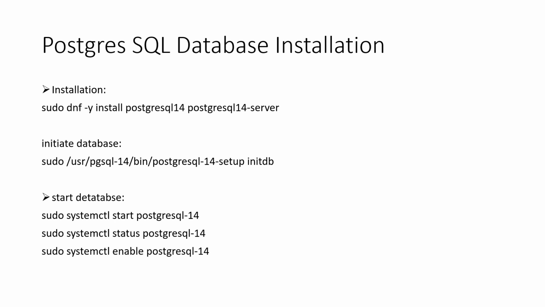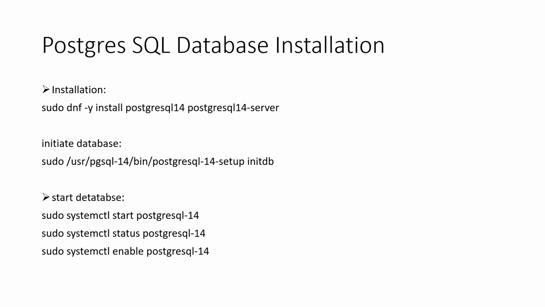Once these two packages are installed on your system, you need to initialize the database using this command, /usr/pgsql-14/bin/postgresql-14-setup initdb. Once the database is initialized, you need to start and then enable it, using the below commands, systemctl start postgresql, systemctl enable postgresql. You can start the service, enable the service, and using systemctl status, you can check if the service is running on the system.